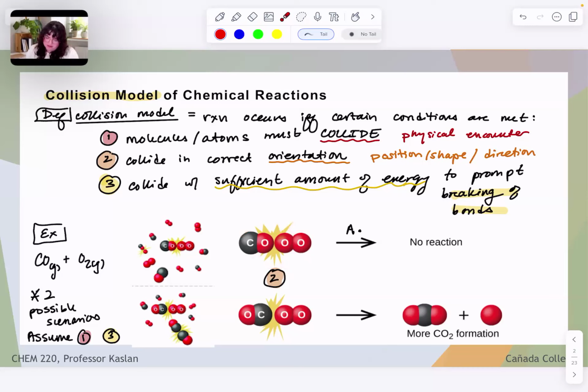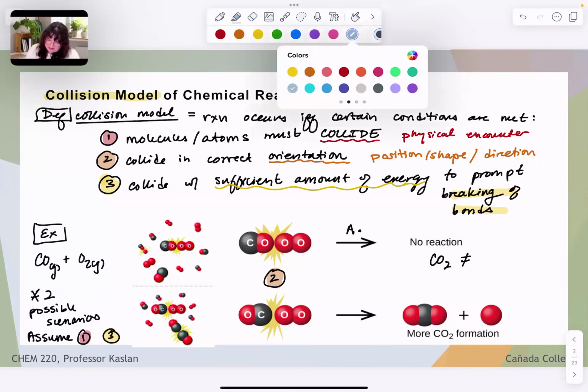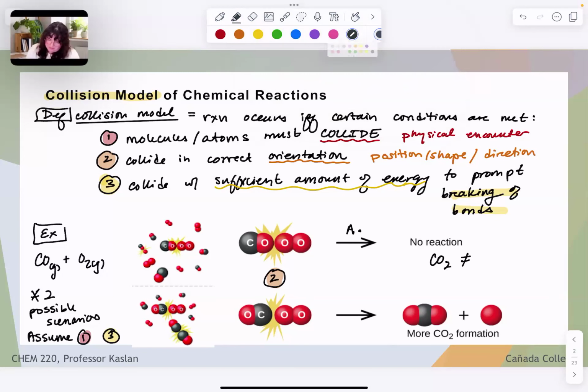So this collision does not result in a reaction. So we cannot make CO2 by doing carbon, then oxygen, then oxygen. It's not how that works. That's carbon, oxygen, and oxygen.